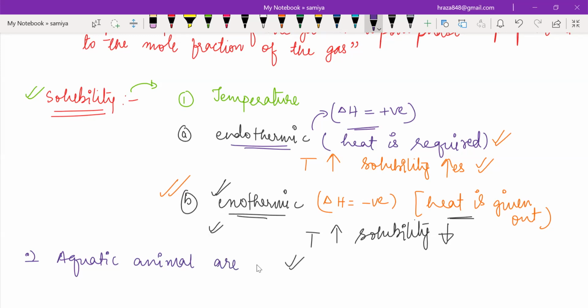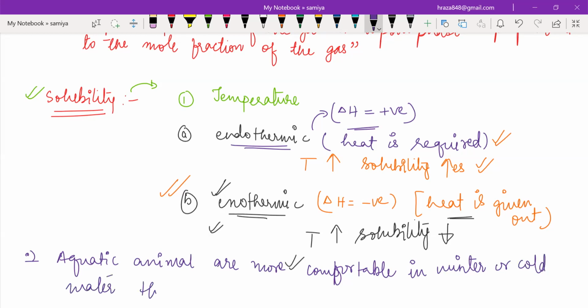Aquatic animals are more comfortable in winter or cold water than in summer or warm water, because the dissolution of oxygen in water is an exothermic process.